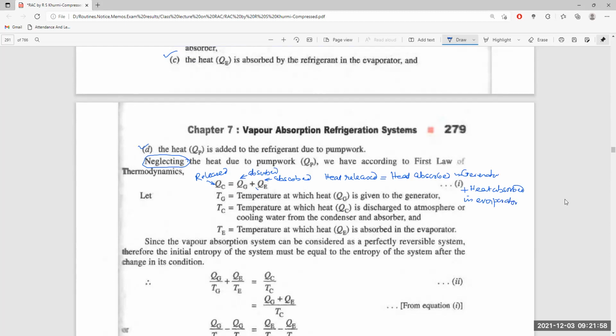So let Tg be the temperature at which heat is given to the generator, Tc the temperature at which heat is discharged to the atmosphere or cooling water from the condenser and absorber, and Te the temperature at which the heat QE is absorbed in the evaporator.